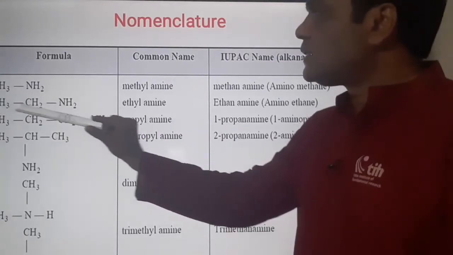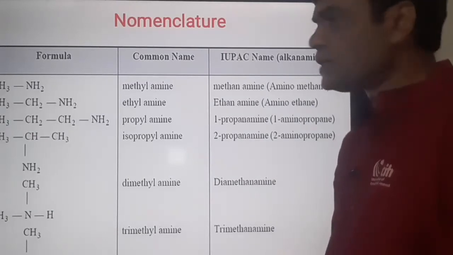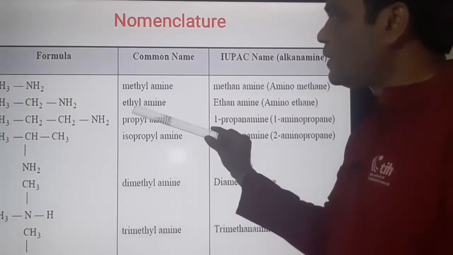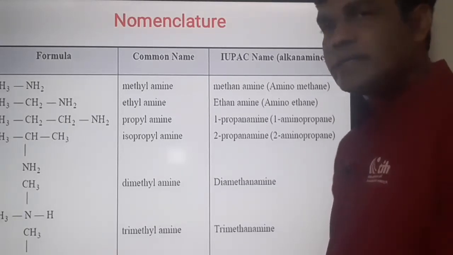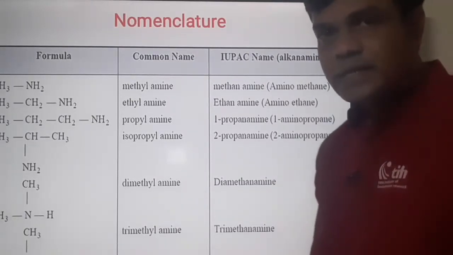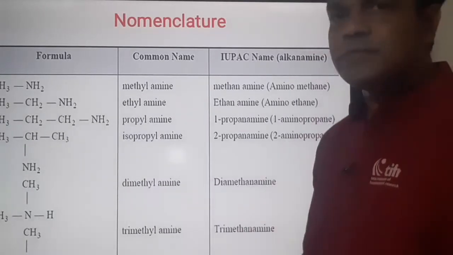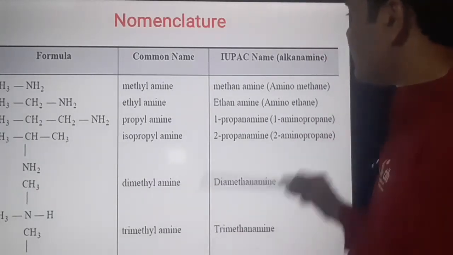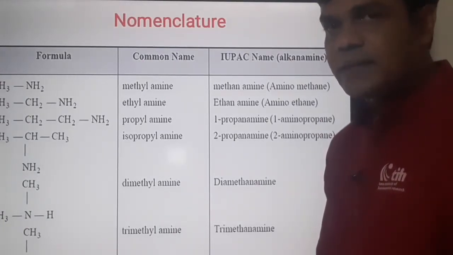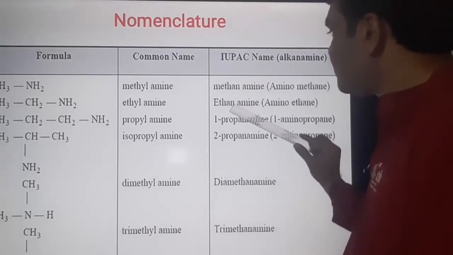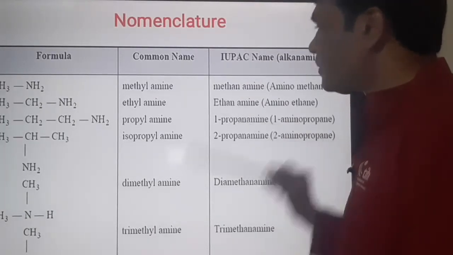It is CH3CH2NH2. Its common name is ethylamine. While writing the IUPAC name, you have to treat it as a derivative of alkane. So, 2 carbon means ethane. Replace E of ethane by amine. So, it is ethanamine. There should not be the space between this ethane and amine.